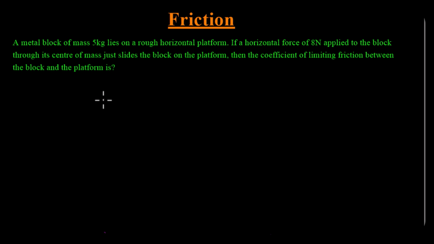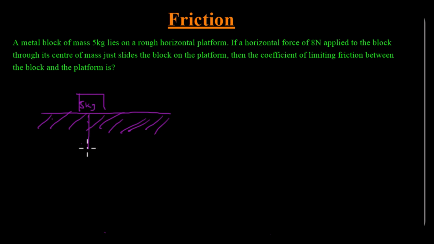So we want to sketch first. When we sketch, we have a block of mass placed on a rough horizontal surface like this. The mass of my block is 5 kg, so my weight is pointing down and my R is going up.